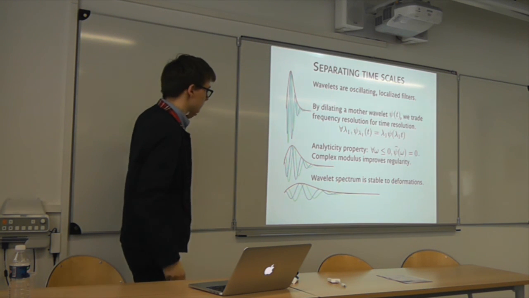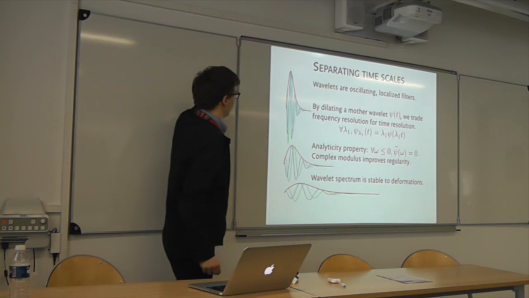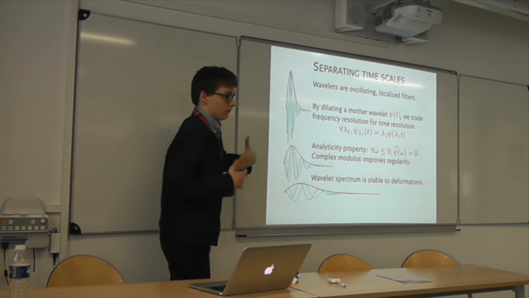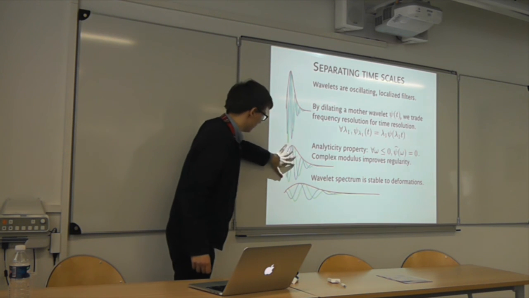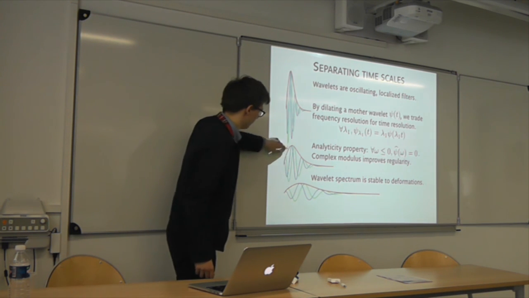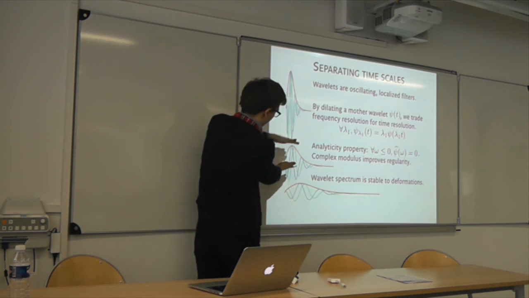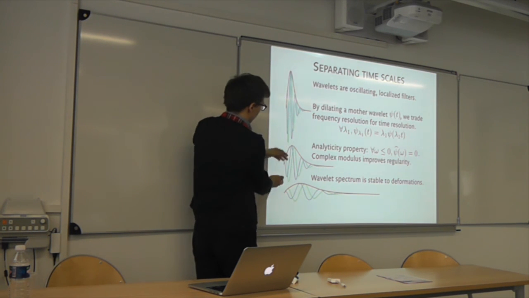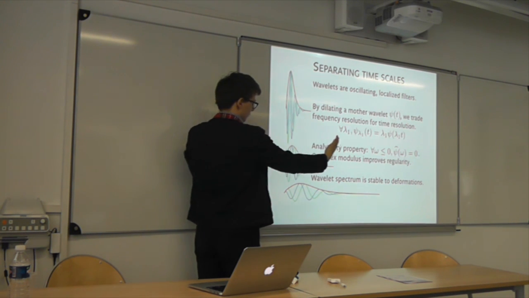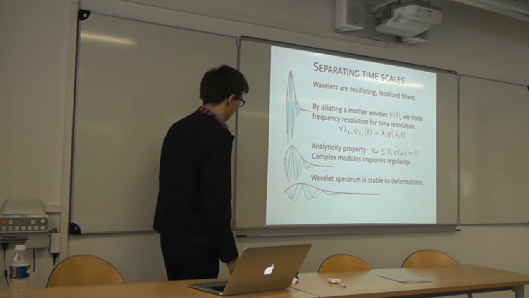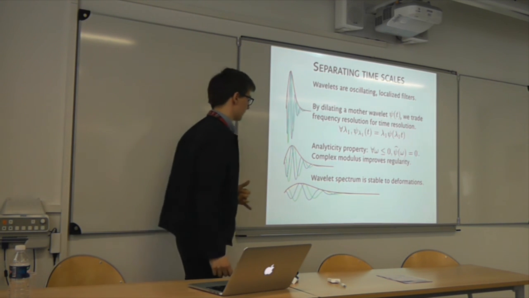So what is a wavelet? Well, a wavelet is an oscillating localized filter, like so. And a filter bank of wavelets is built by dilating one single, say, mother wavelet, a mother shape, by different factors, lambda 1, that may be big or small, and these will shrink or dilate the shape of the wavelet, so that will change the center of frequency and that will change the time support as well.